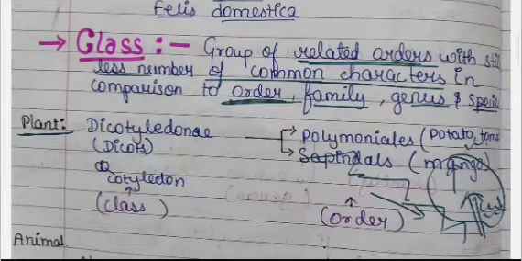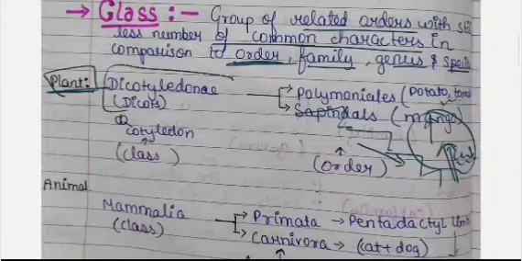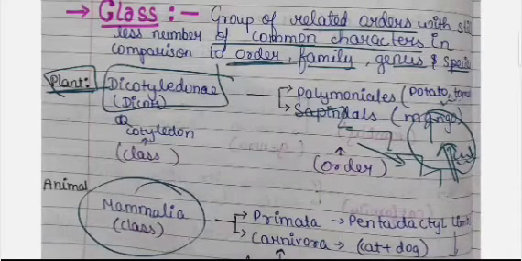One example of class in the plant kingdom is Dicotyledonae, and in animals it is Mammalia.